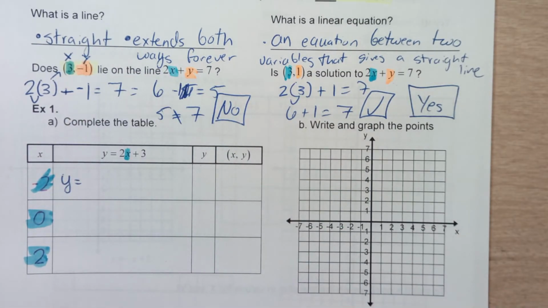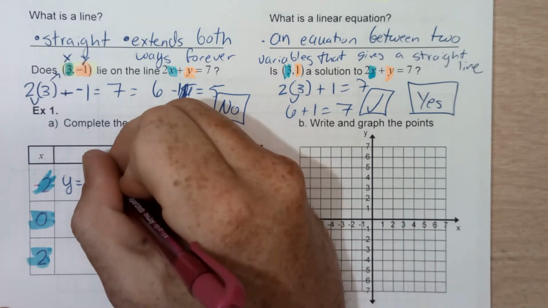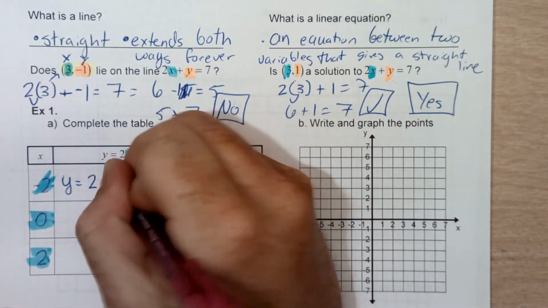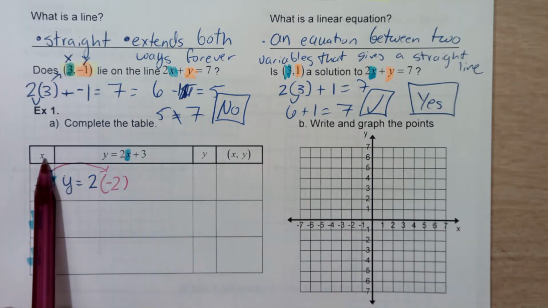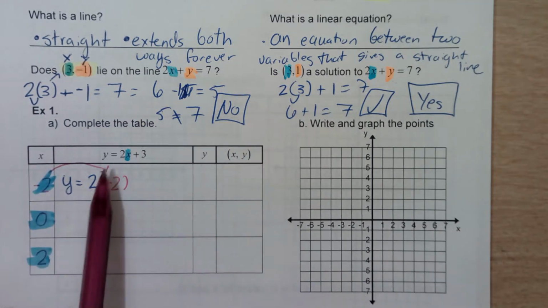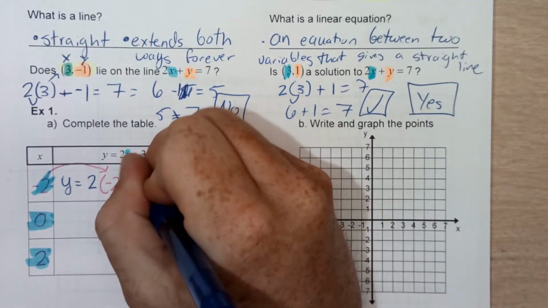So I'm going to do y equals 2, and then I'm not going to put x. Instead of x, I'm going to put in negative 2, because that is what my x value is here. See where it says x up here? I plug in my x value for x, and then it's just plus 3.